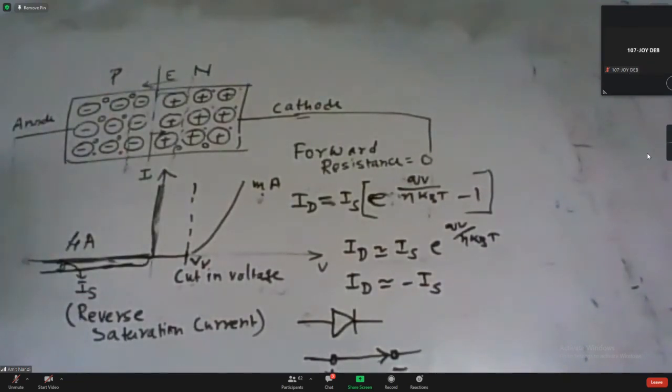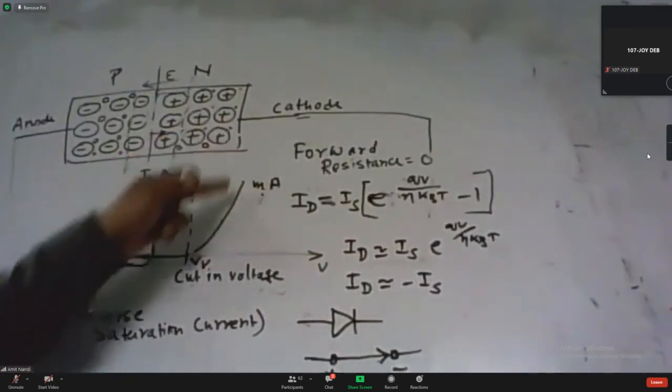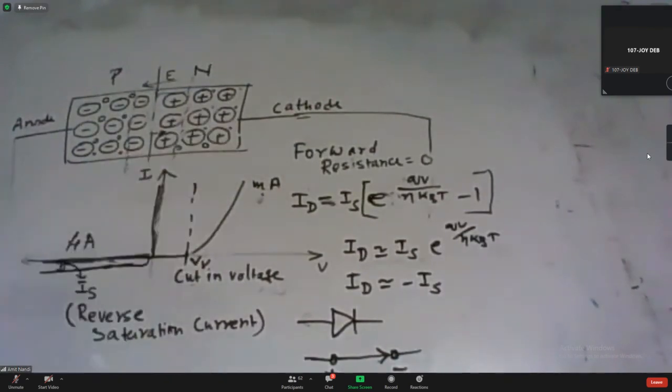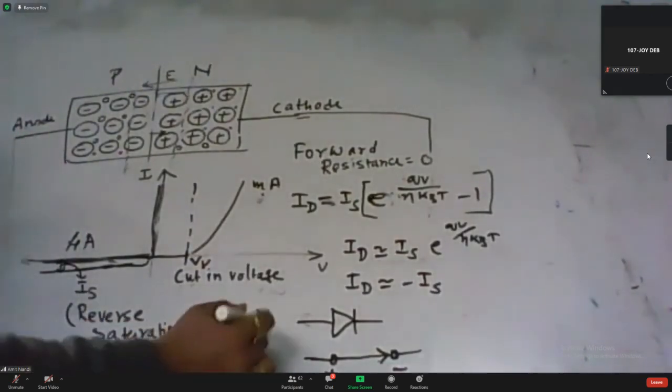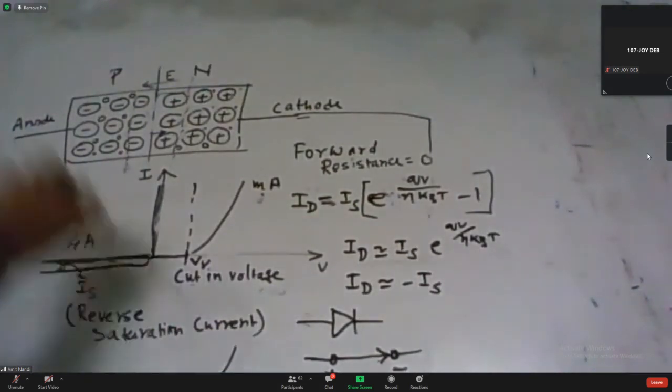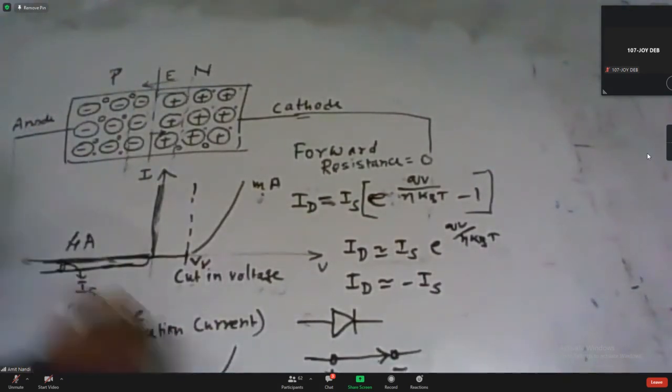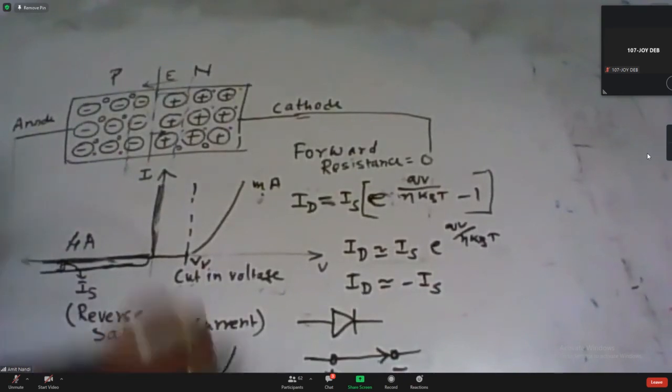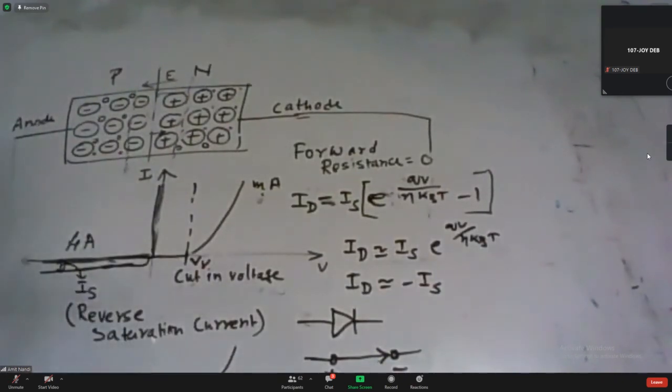Now we can also take another approximation that is called the piecewise linear approximation. Piecewise linear approximation is that these are the non-linear portion. That section is non-linear. If we consider a small region of this section, say a very large region and a non-linear region is present like this, then a small region can be represented as a linear region.